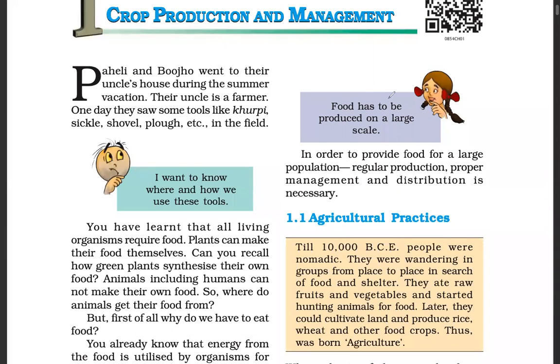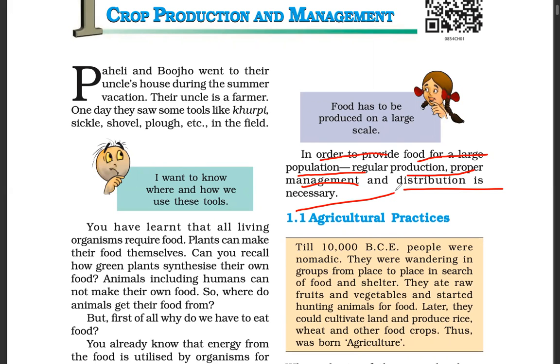So this is an important thing in order to provide food for a large population. Exactly, like regular production, proper management and distribution is necessary. That's obvious, right? You may be a bit confused that over here it is written that we need regular production, proper management, distribution.